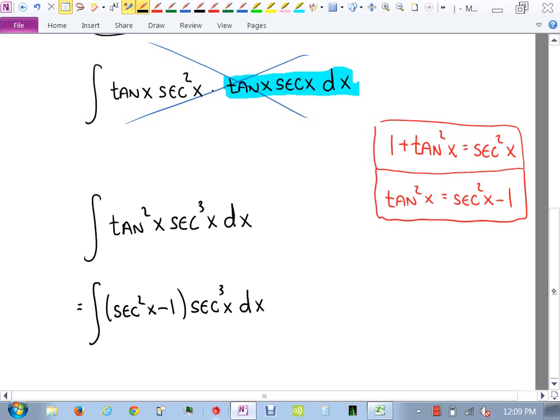I have to start a new page. What do y'all think about this, though? Okay, so my new integral would be what? Secant to the 5th x minus secant cubed x dx.